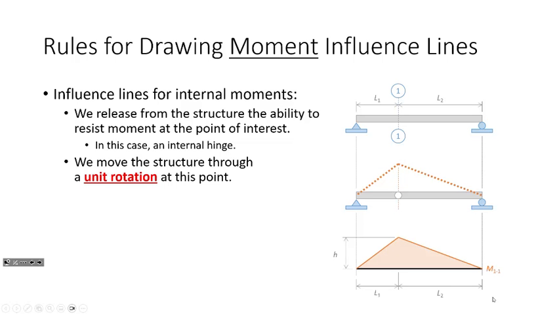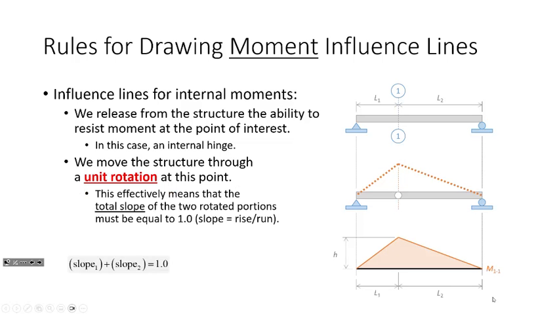So I need to move it through a unit rotation, so the sum of those slopes has to equal 1. The total slope has to equal 1. And what is the slope? h over L1 plus h over L2. So I can solve for that height pretty easily.